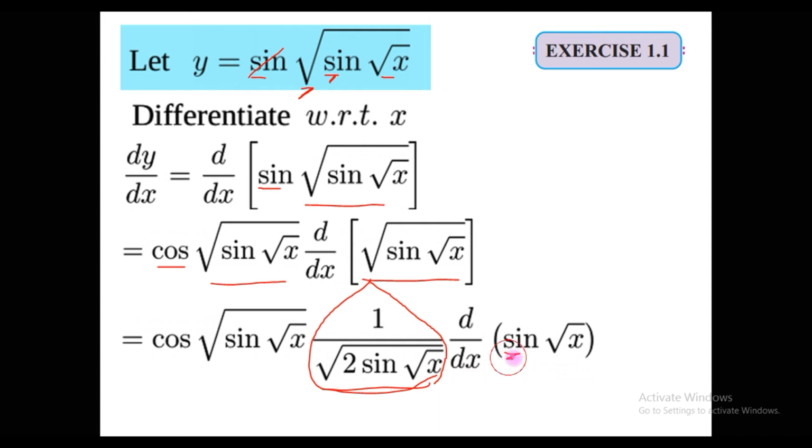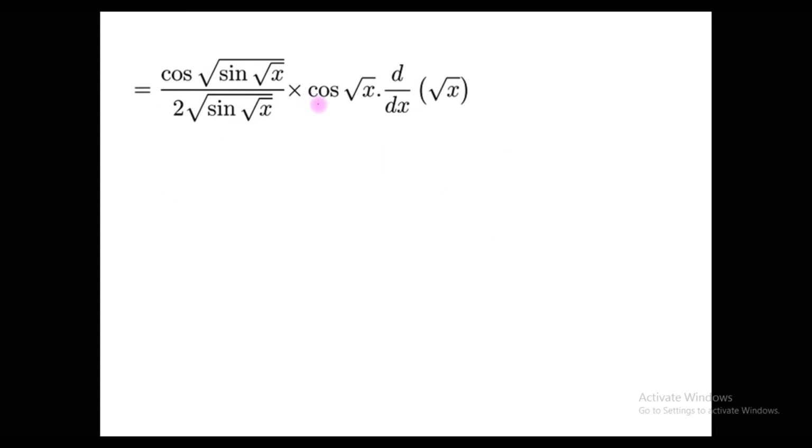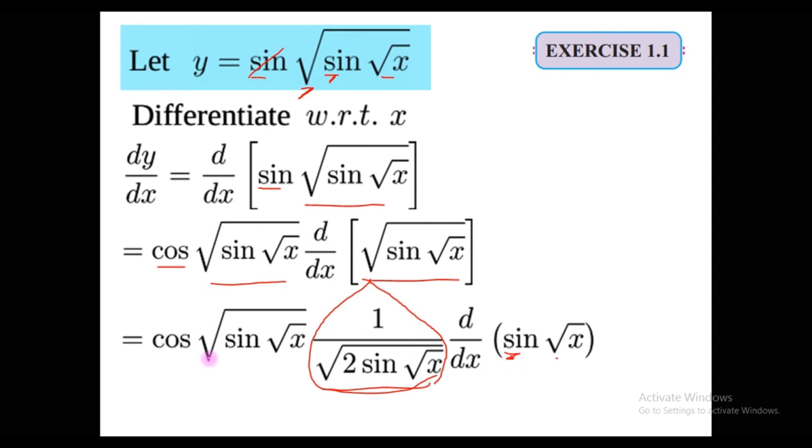Now derivative of sine of root x. Sine is outer part. Inside that root x is there. Derivative of sine is cos. So it is a cos of root x. I have simplified this part. These two things I brought them together and I have simplified.